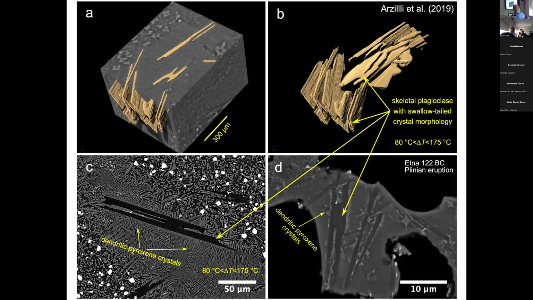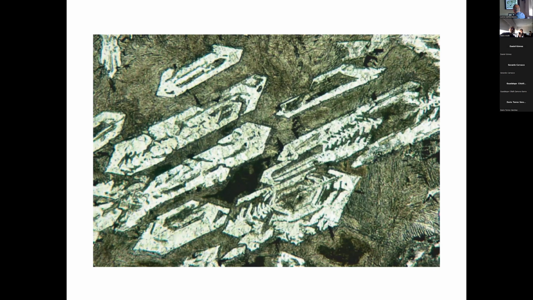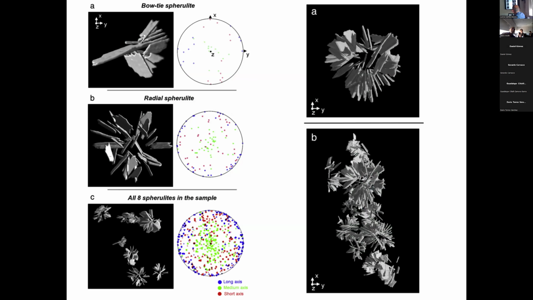So here the same structure: the skeletal plagioclase, this dendritic, these are olivine, and then up to spherulitic crystals. These I produced experimentally in trachytic magma, playing with undercooling. These were produced also by cooling and decompression.